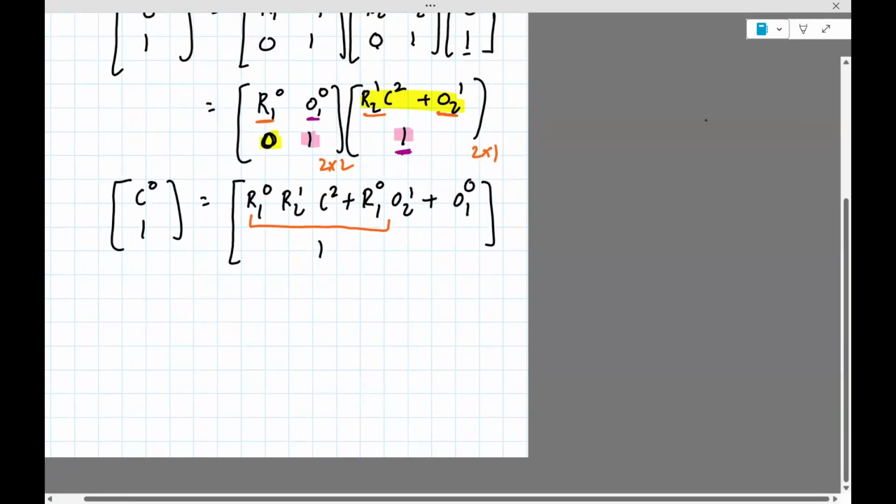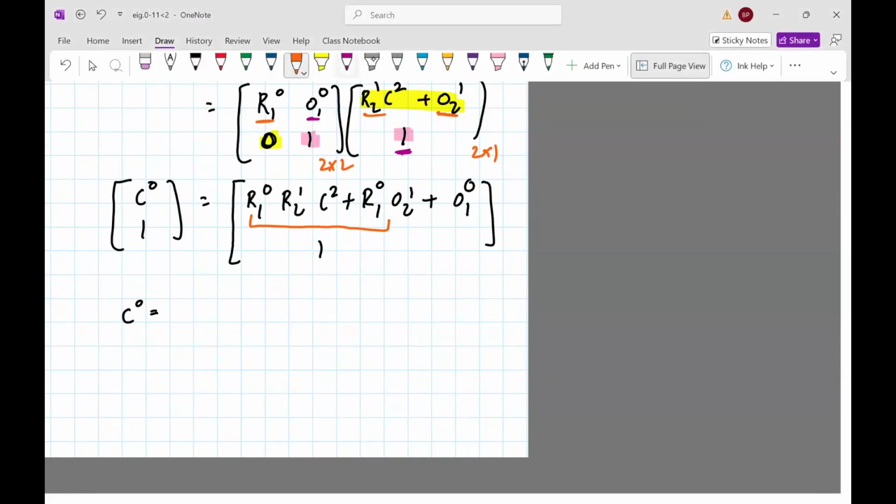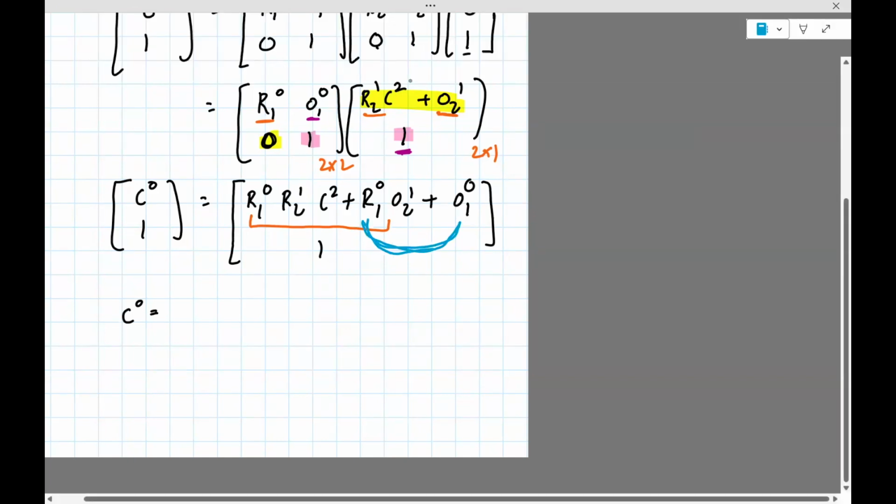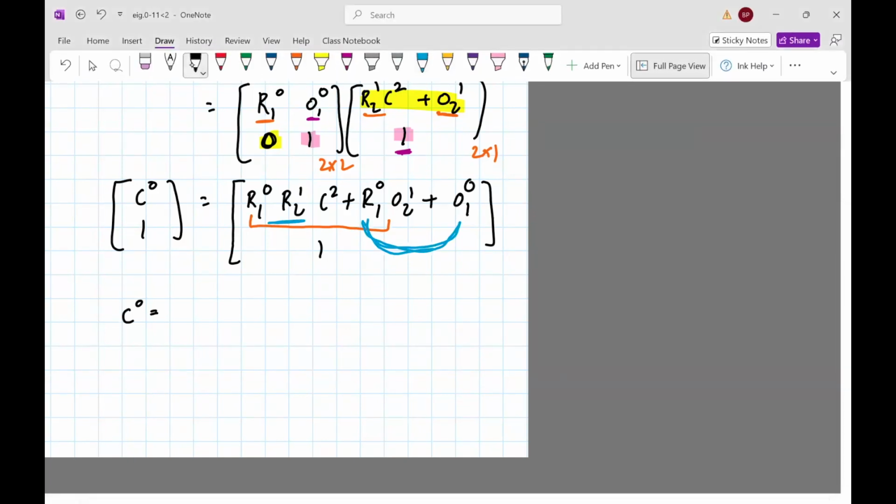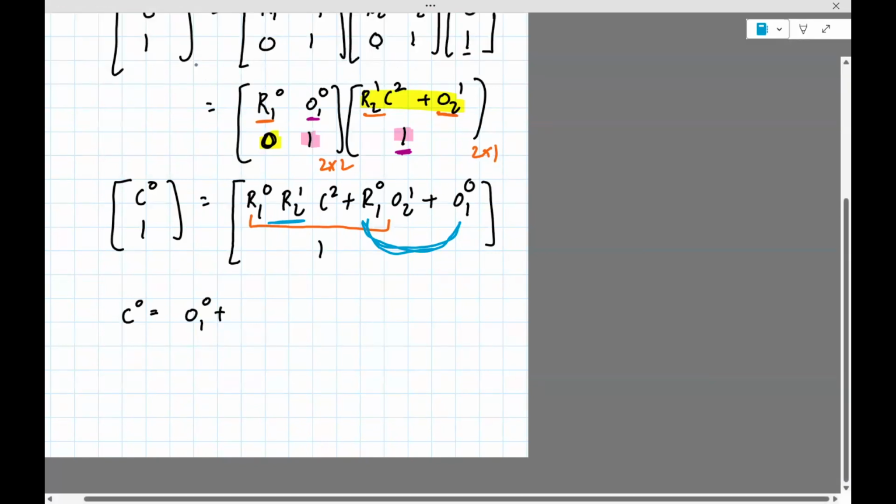The first line tells us that C0 is, we're going to combine it slightly differently. What I'm going to do is put these two together and then keep that at the end. R10, O21 plus.